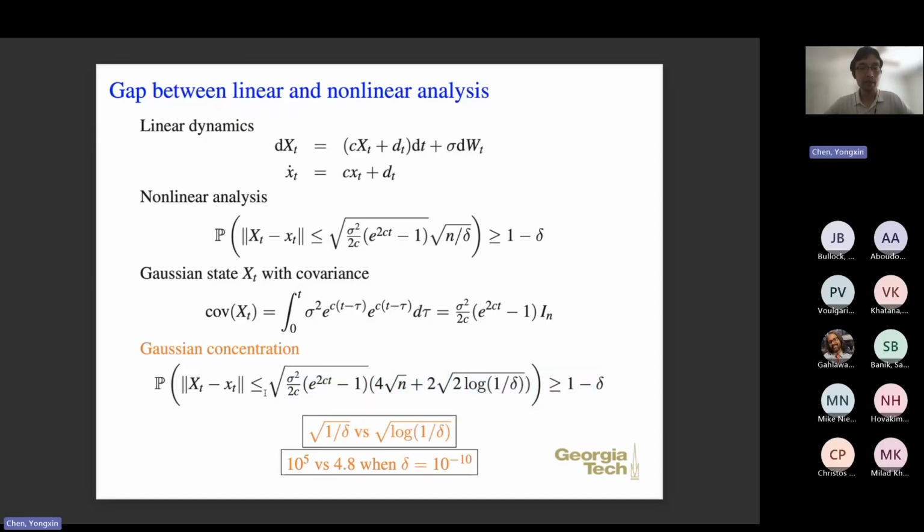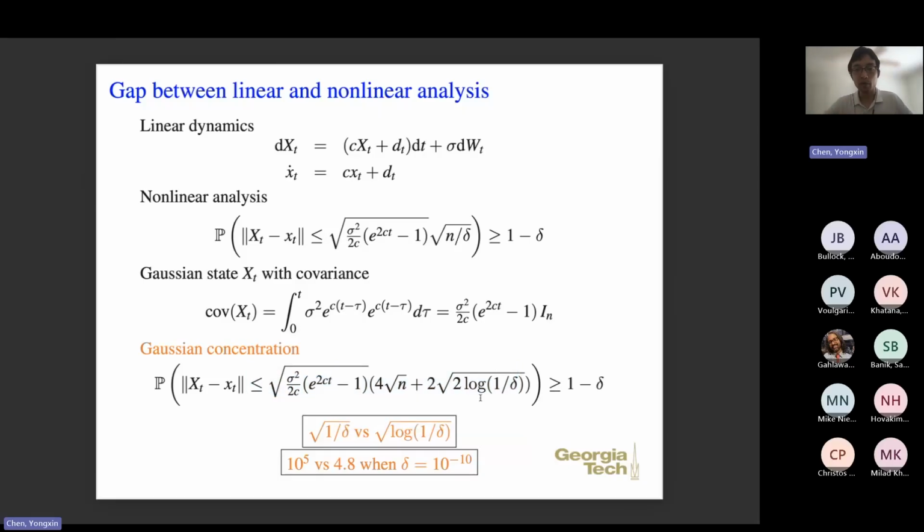This is what you get for the linear system. This is what we got on the previous page for the general nonlinear system, which you can also apply to the linear system. You see, this result is much better than that result, because we want this radius to be as small as possible, because that is your confidence radius.